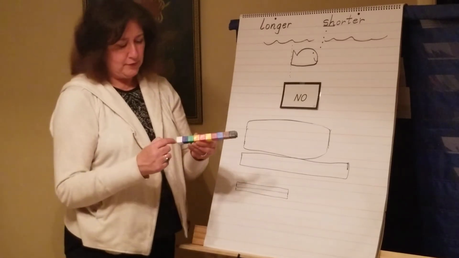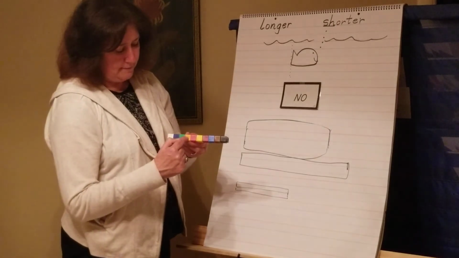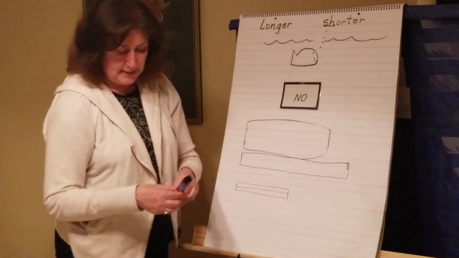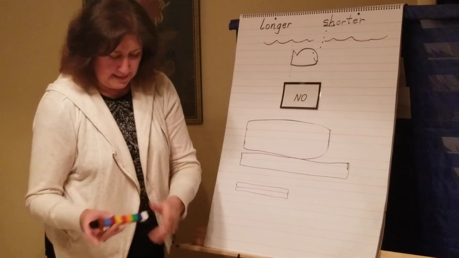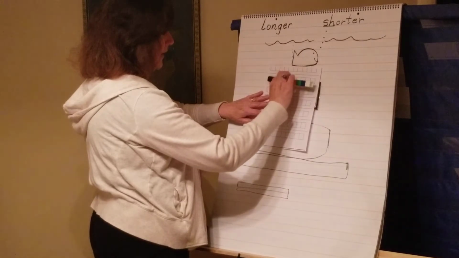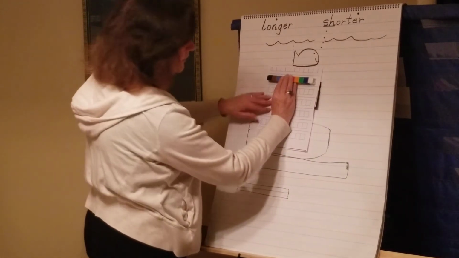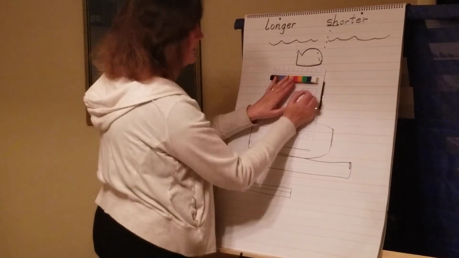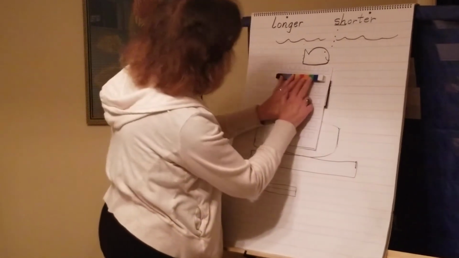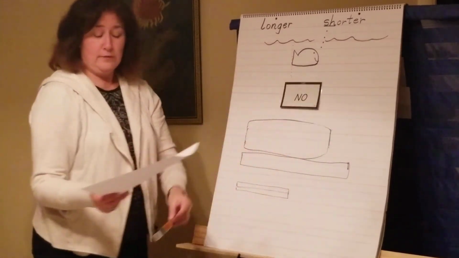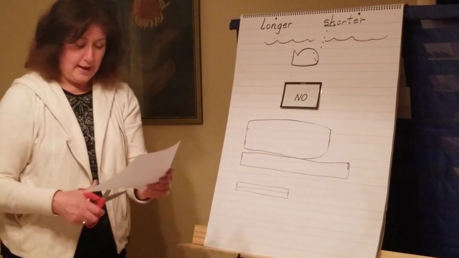So I'll show you that. There's 1, 2, 3, 4, 5, 6, 7, 8, 9, 10. And you'll see, here's my 10 Unifix cube train. If I lay it right along the picture, well, the white one doesn't show very well, but it is exactly the same length.